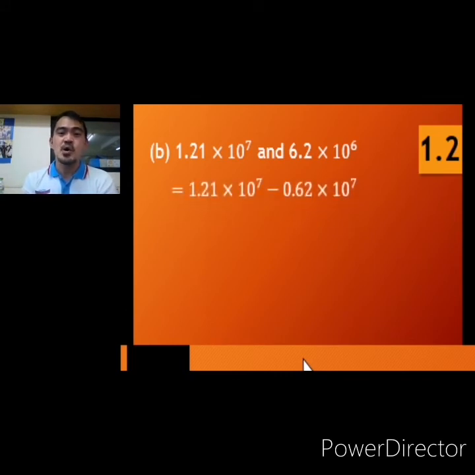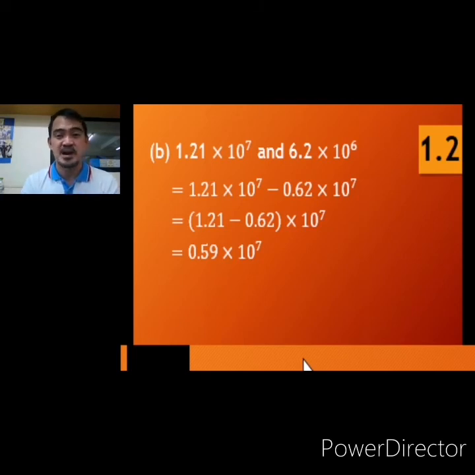That is equal to 1.21 times 10 raised to 7 minus 0.62 times 10 raised to 7. And that is equal to the quantity 1.21 minus 0.62 times 10 raised to 7. And the difference between these two numbers is 0.59 times 10 raised to 7.